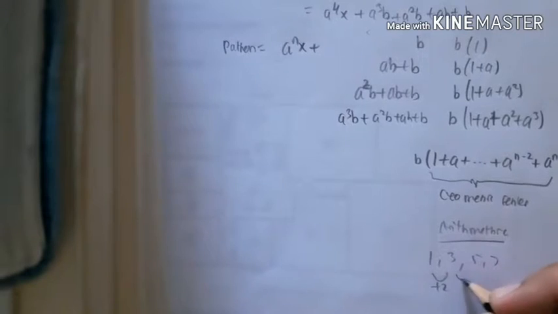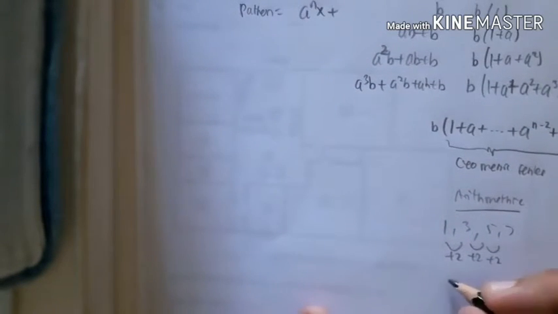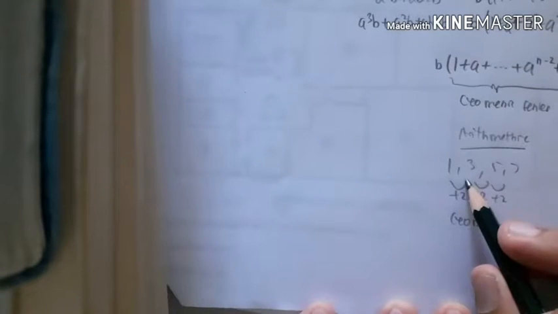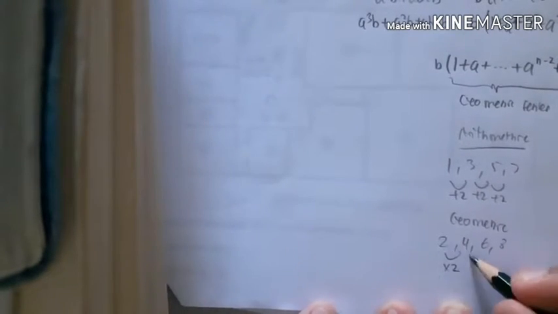It is add, or subtract. But in a geometric series, you have to multiply, and it is called a ratio, while the other is called the difference. For example, 2, 4, 8. This is times 2, times 2, times 2. The ratio from 2 to 4 is 2.